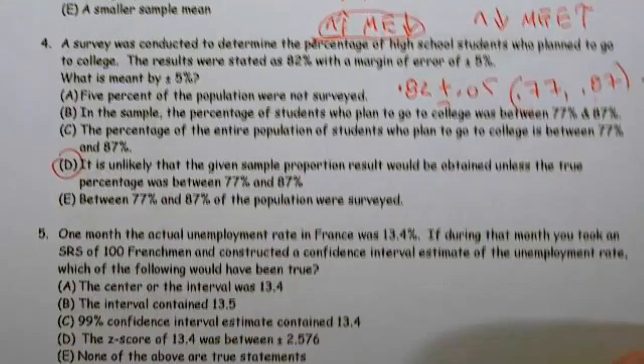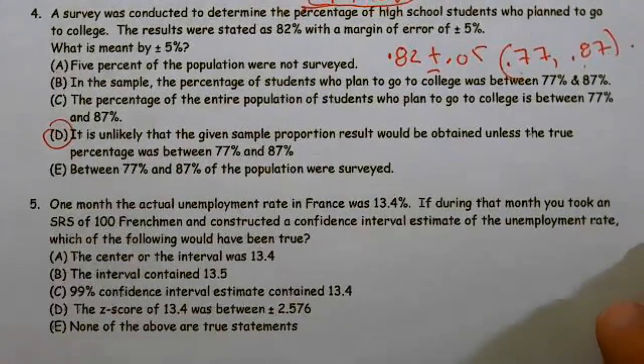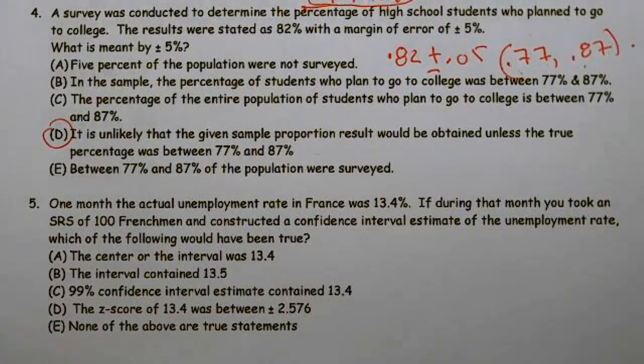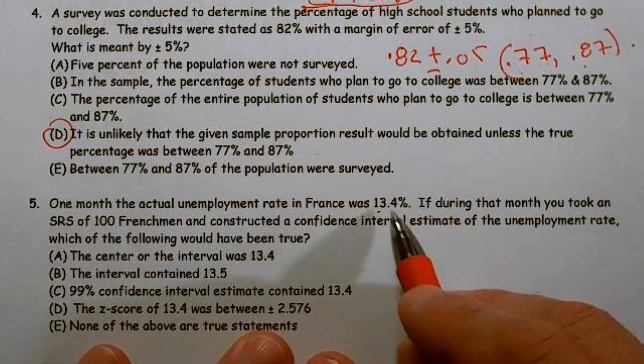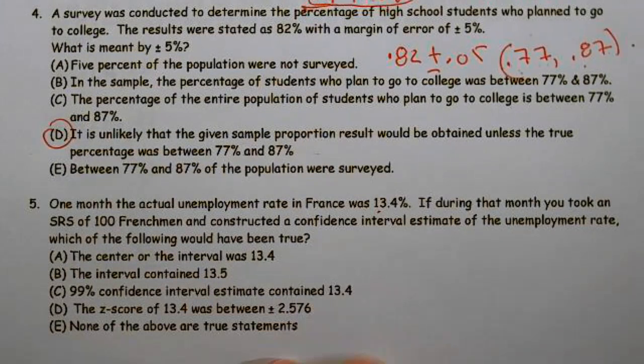All right, so we're moving on to question number 5. One month, the actual unemployment rate in France was 13.4%. If during that month you took a simple random sample of 100 Frenchmen and constructed a confidence interval estimate of the unemployment rate, which of the following would have been true? So let's talk about confidence intervals. First off, the actual unemployment rate is 13.4%.